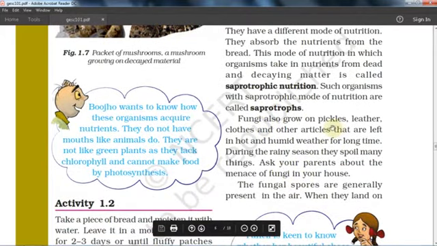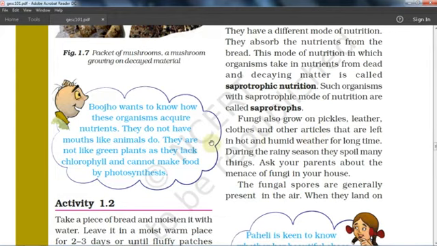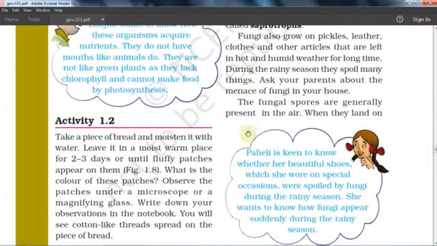Fungi also grow on pickles. You have seen many times leather, clothes and other articles which are left in hot and humid weather for a long time. During the rainy season they spoil many things. So ask your parents about the menace of fungi in your house. The fungal spores are generally present in the air.